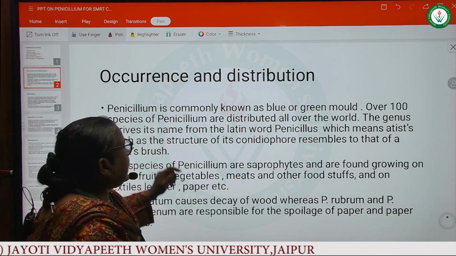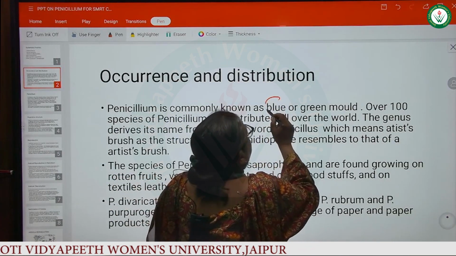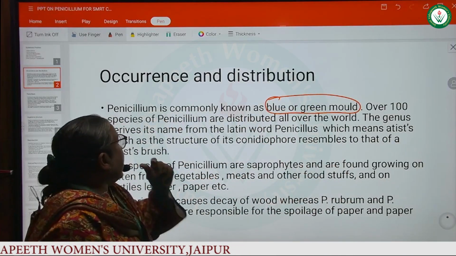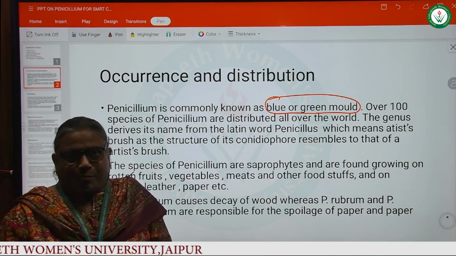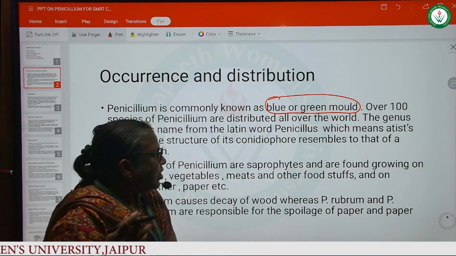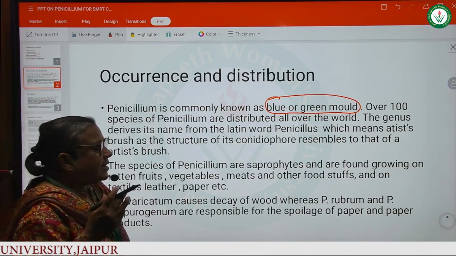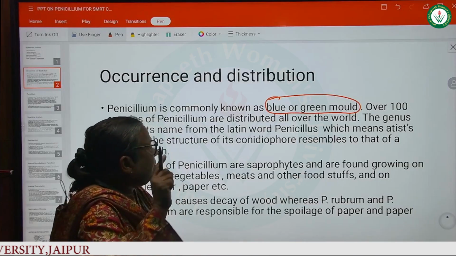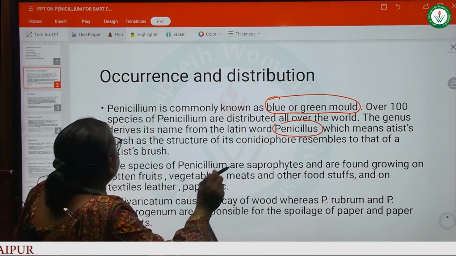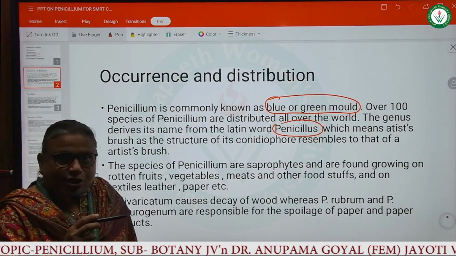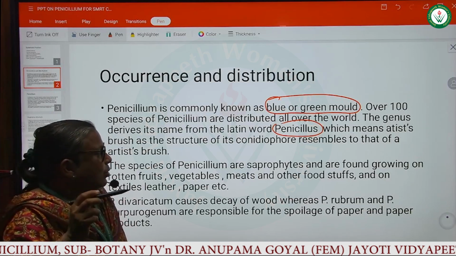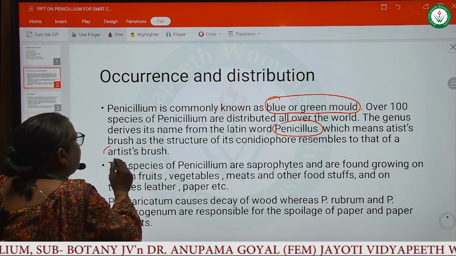Now I talk about the occurrence and distribution of Penicillium. Penicillium is commonly known as blue or green mold. Over 100 species of Penicillium are distributed all over the world. The genus derives its name from the Latin word penicillus, which means artist brush, as the structure of its conidiophore resembles that of an artist brush.